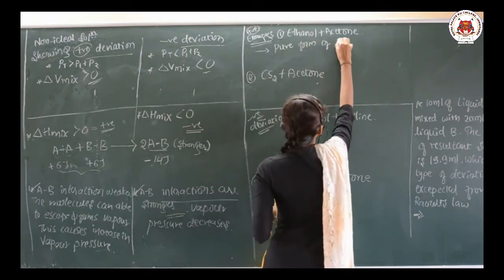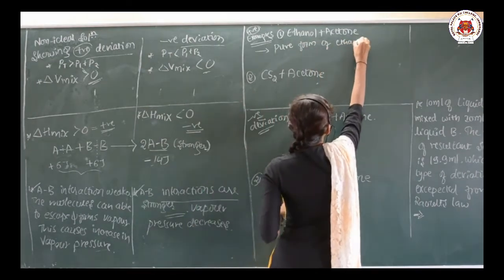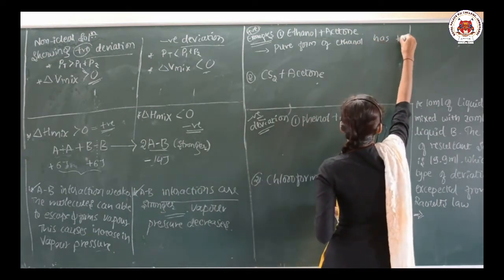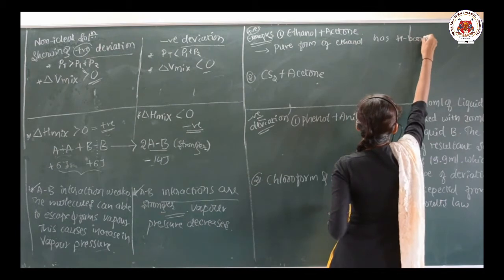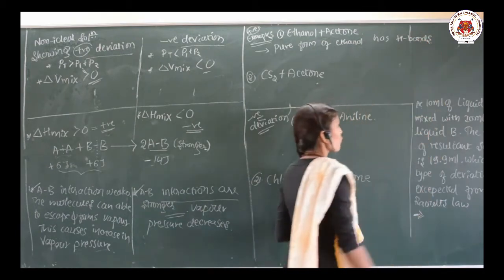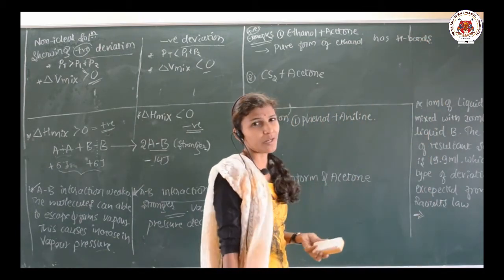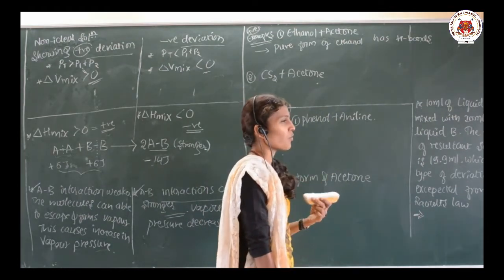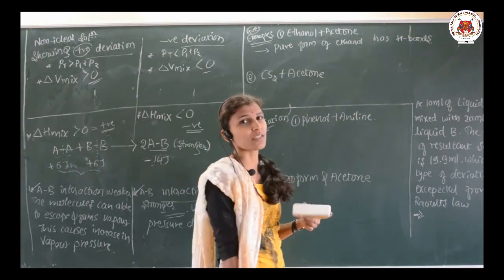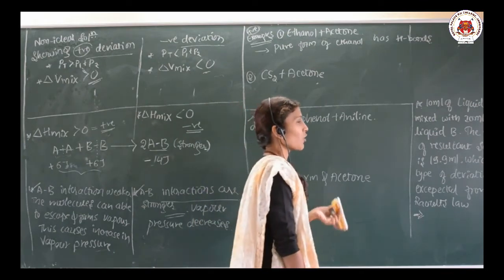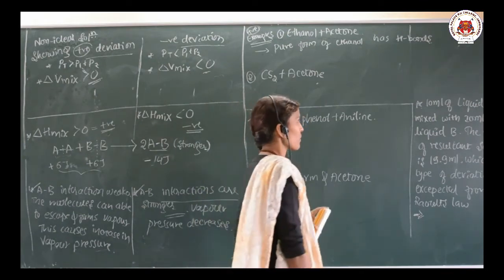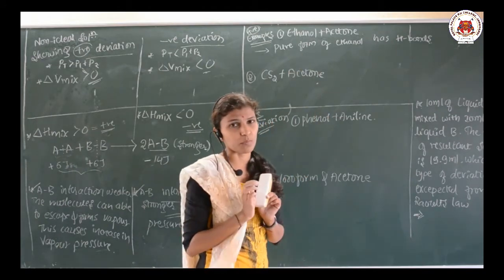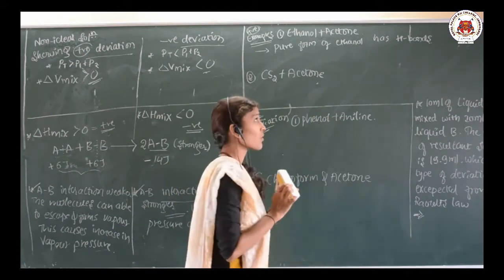The pure form of ethanol has hydrogen bonds. You know what a hydrogen bond is: hydrogen makes a bond with other electronegative elements like oxygen, fluorine, and so on. So pure ethanol has hydrogen bonds.